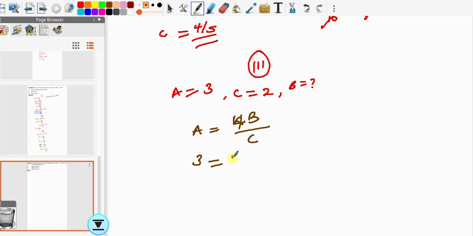C is 2, so 4B over 2. 2 goes here 1, 2 goes here 2. So then we have our B now will equal to 3 over 2. B is equal to 3 over 2, or 1 and 1 over 2.